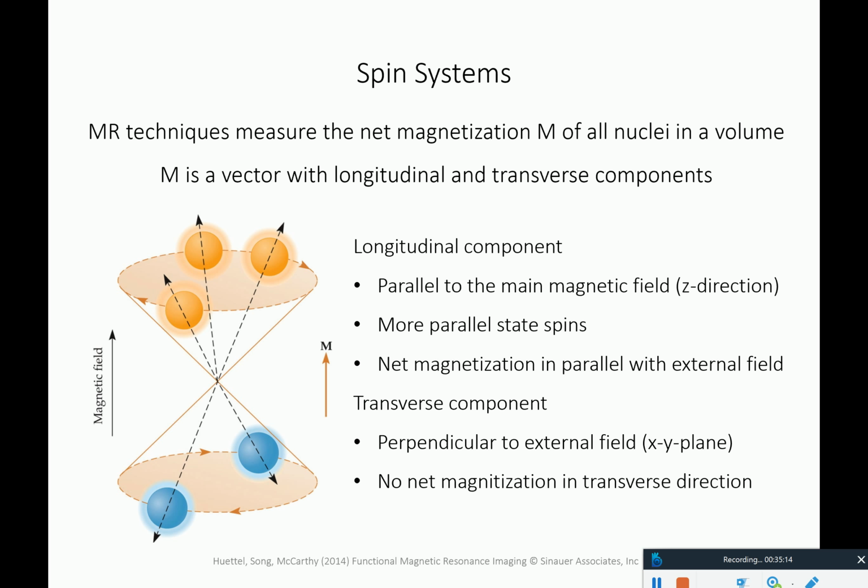It's kind of intuitive in the sense that they align their precession with the magnetic field. There are more in the parallel state than in the antiparallel state, so it's in the same direction, and they precess in all different phases. So some are currently here in the circle, some are here in the circle. So this all cancels out.